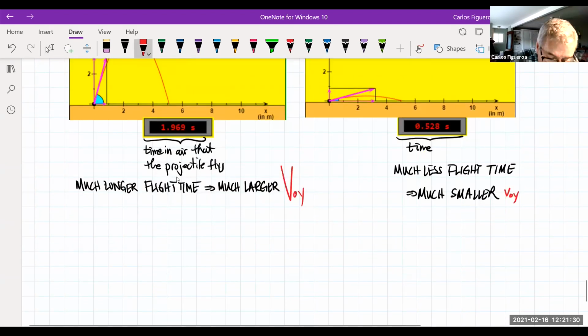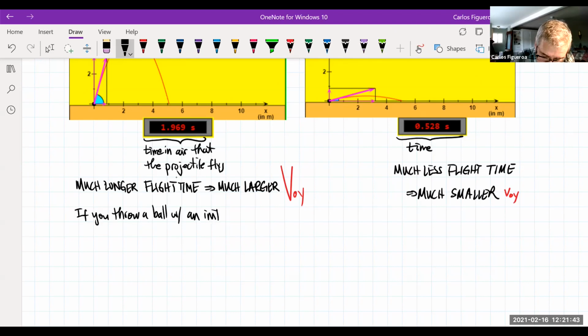And what does this mean? Think about this. If you throw a ball with a larger initial speed, what's going to happen to the ball? It's going to be in the air for a longer amount of time.